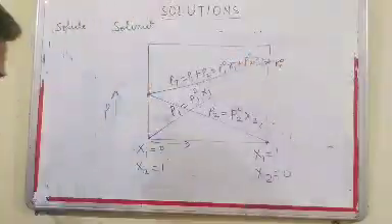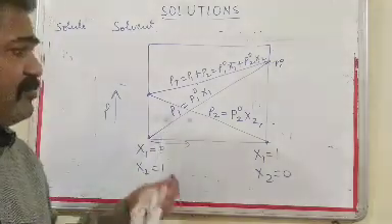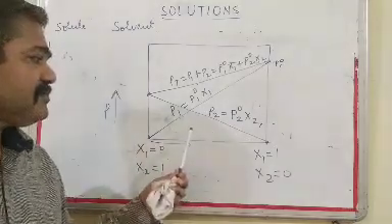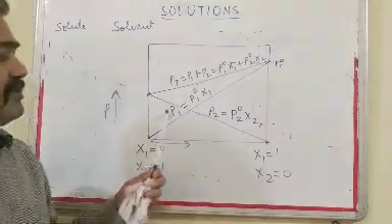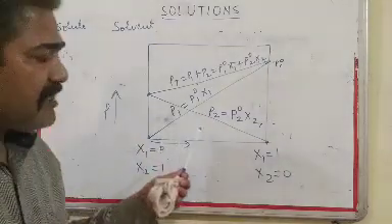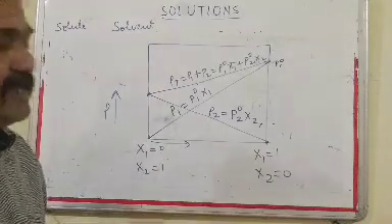Okay. So if there is a binary solution which obeys this graph, or you can say the binary solution which obeys Raoult's law, it is called an ideal solution. Okay, thank you.